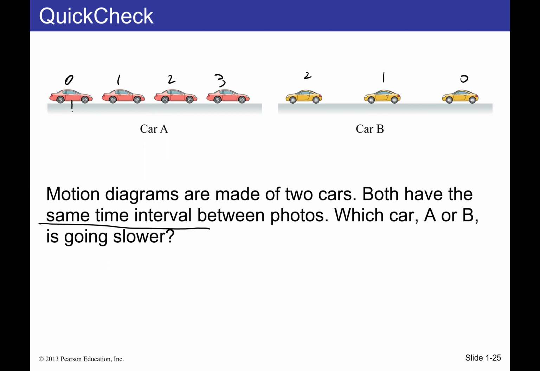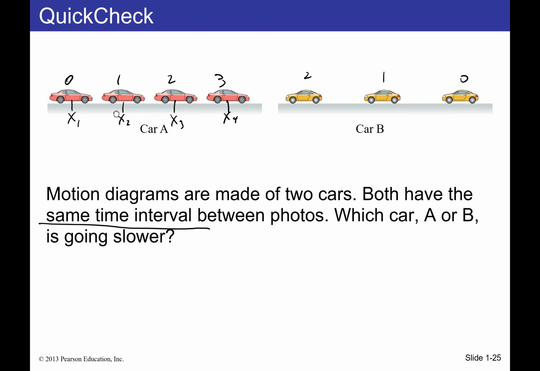But if I look at car A, I get this as the distance between the time intervals. One thing I can see here is that car A, hopefully you will recognize, is moving at constant speed because the distances 1, 2, 3 are all the same. Time intervals are the same, so it's going to be the same speed.